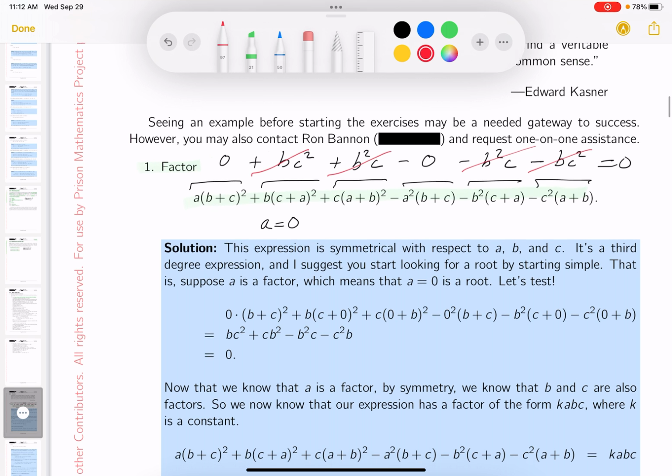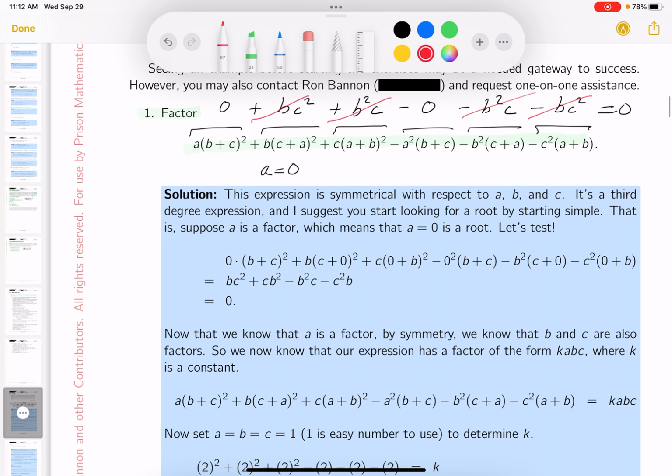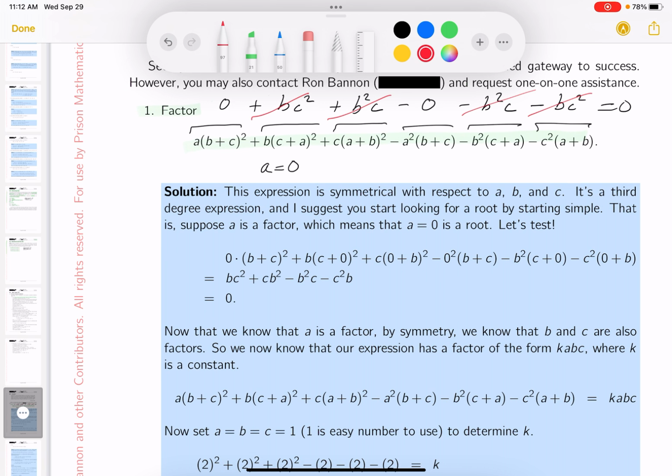Now, what it goes on to say, and certainly I'll go through this with you, is that now we know a is a factor. By symmetry, we now know that b and c are factors. We know a is a factor, we know b is a factor, and we know c is a factor. Now, if we know they're factors of the problem, we know that a is 0, b is 0, c is 0.